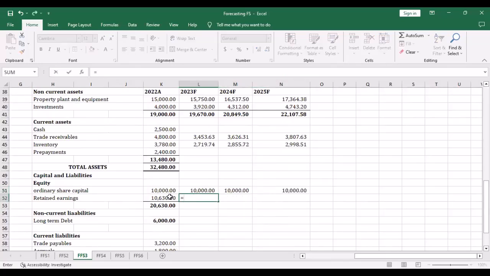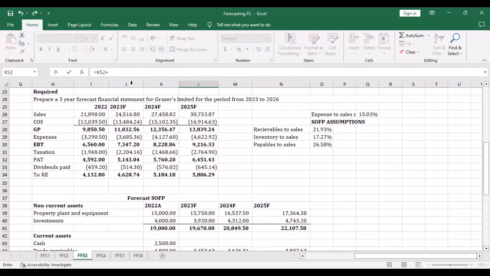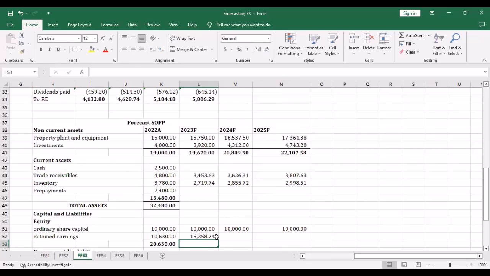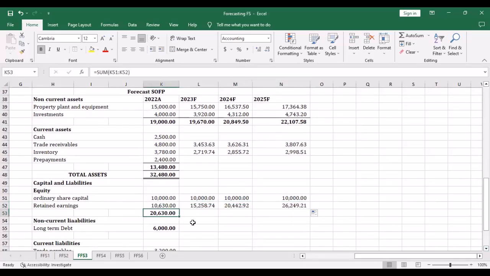For our retained earnings, we'll take the previous retained earnings plus what was taken to retained earnings in the year, from the income statement we created. So the retained earnings are growing.